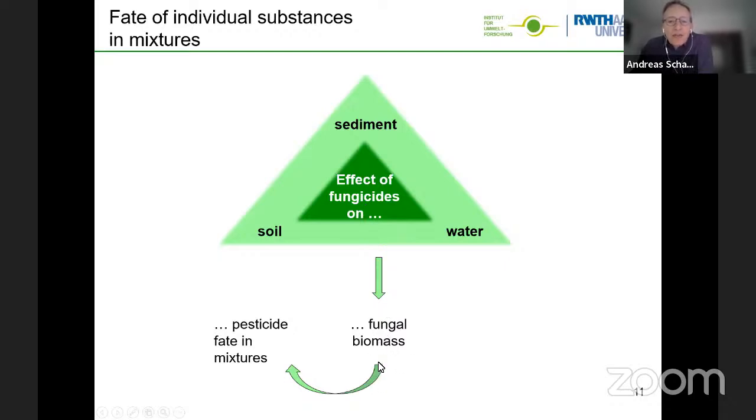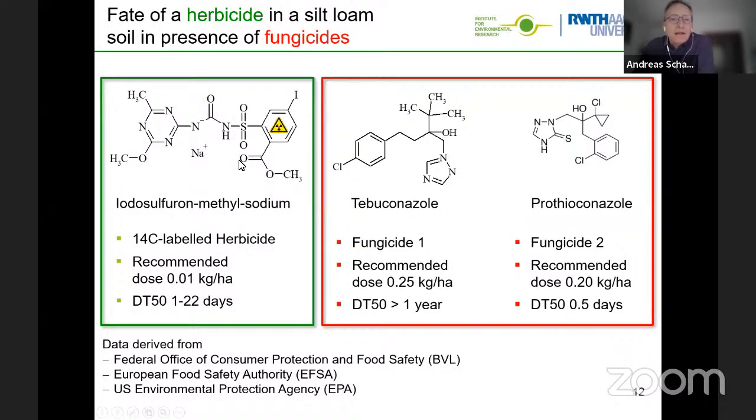And our hypothesis is that other components of a pesticide mixture are degraded differently compared to when this pesticide is tested alone. To make it a little bit easier to understand, we tested the degradation of the herbicide iodosulfuron-methyl-sodium, which was radio-labeled, and it was added at the recommended dose.